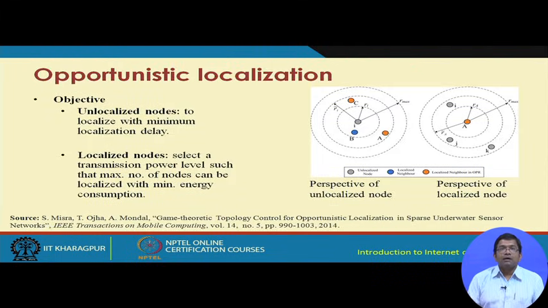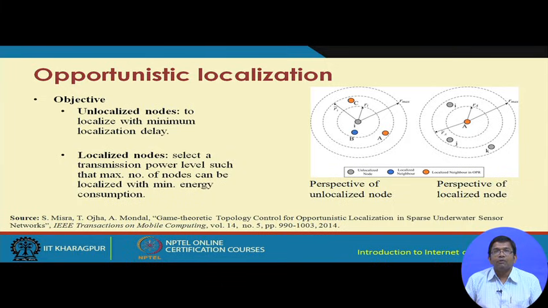This is a proposal, a paper that appeared in IEEE Transactions on Mobile Computing, and here we are talking about how to localize efficiently with the help of advanced techniques such as game theory and so on. Here we have considered two types of nodes, the unlocalized nodes and the localized nodes. The problem is, based on the location information from the localized nodes, how to get the location information of the unlocalized nodes.